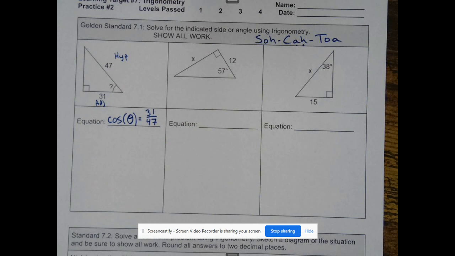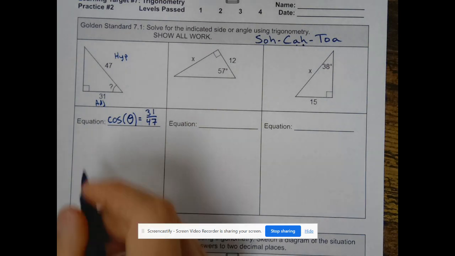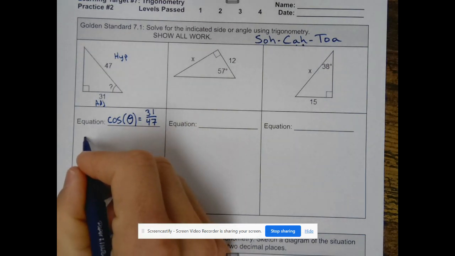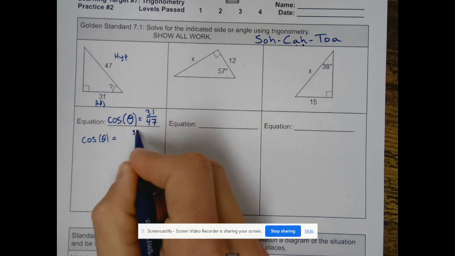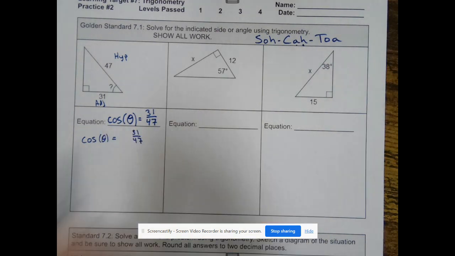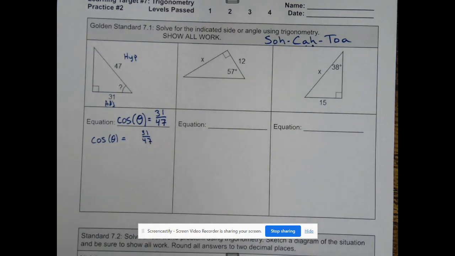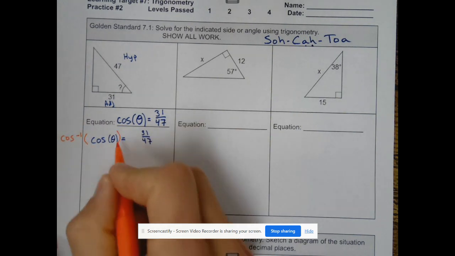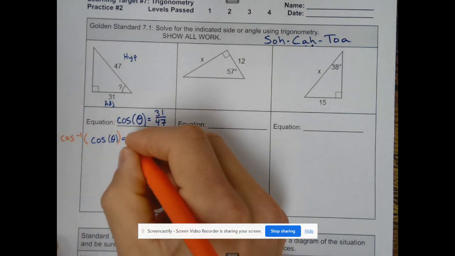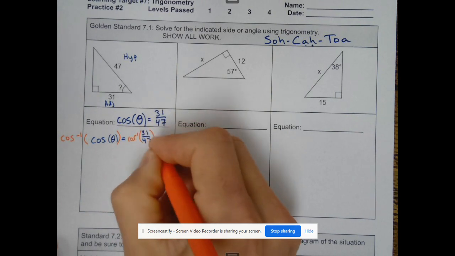So in this case, let's go ahead and solve this. Start with your equation. So I have cosine of theta equals 31 over 47. Now, when I'm solving for an angle here, what do I need to do? I need to use inverse trigonometry. So I'm going to take the inverse cosine of both sides.